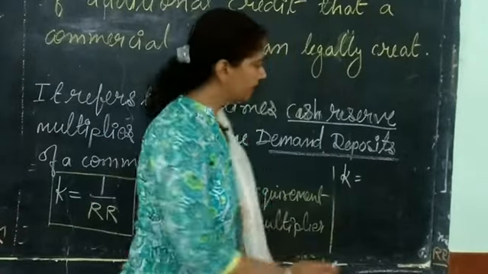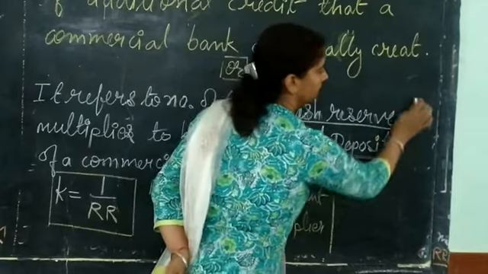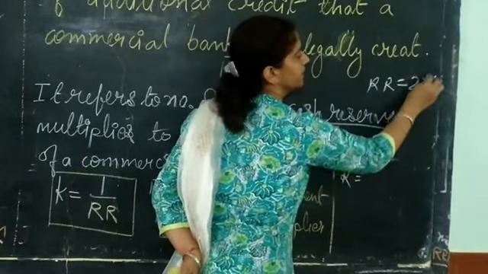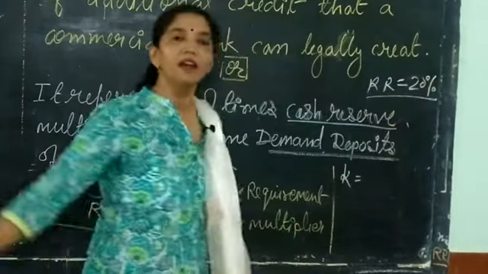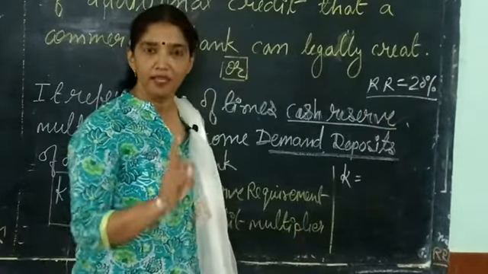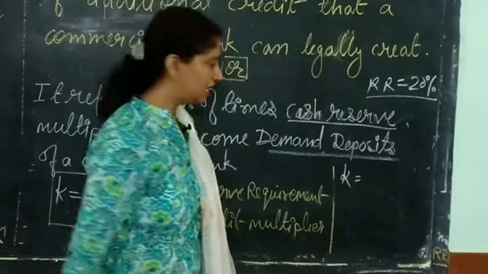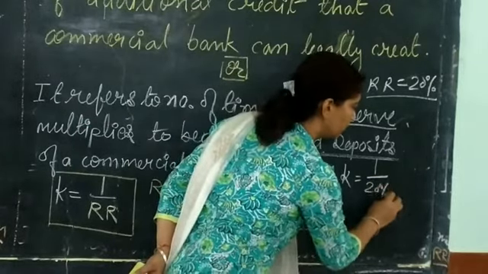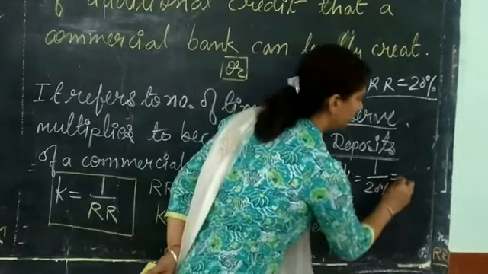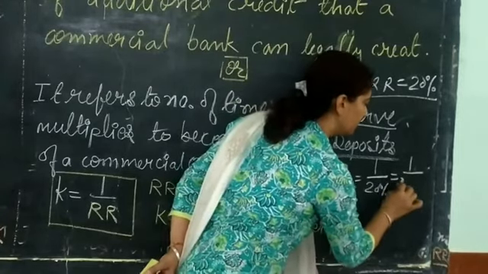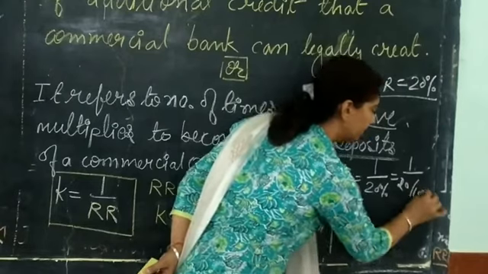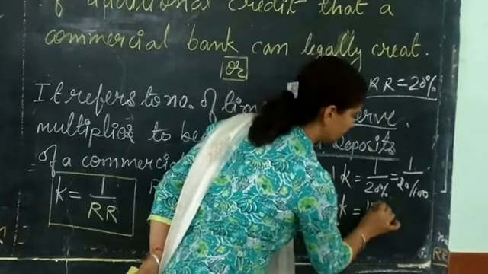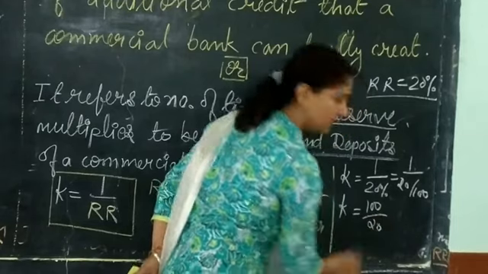The value of the credit multiplier depends upon the reserve requirement. Suppose that the reserve requirement RR which we are taking here is 20%. If RR is 20%, then the credit multiplier will be 1 over 20%, which is 1 over 20 by 100, or after cross multiplication, 100 divided by 20.